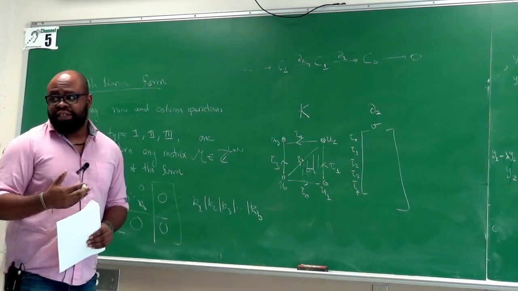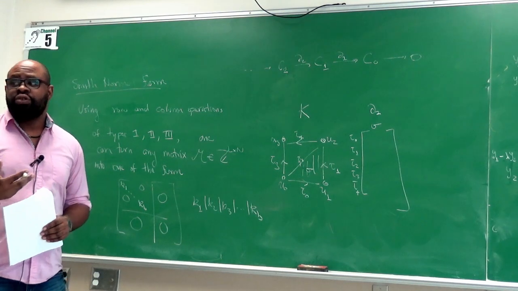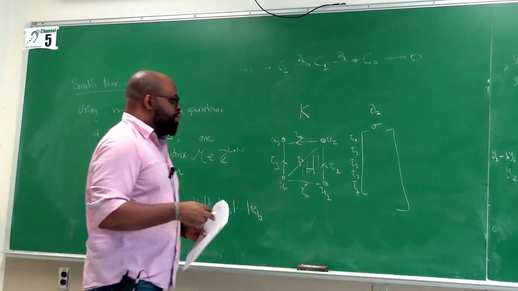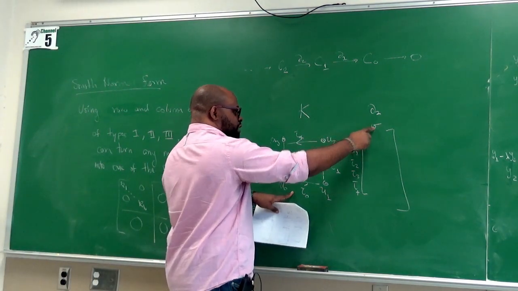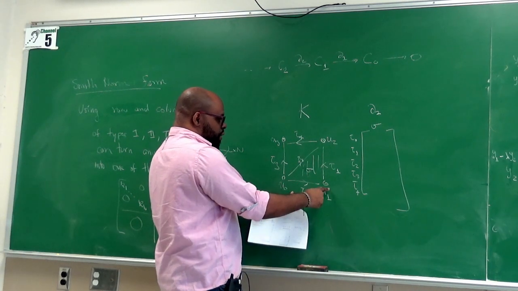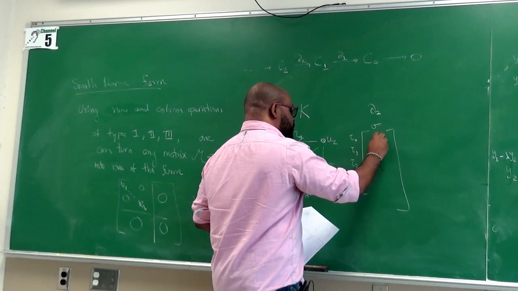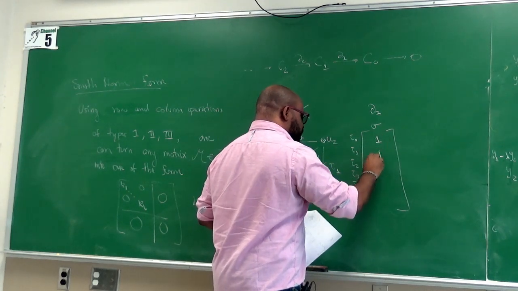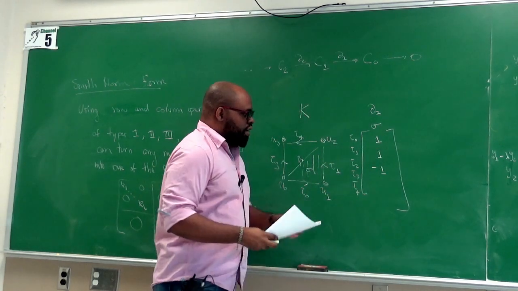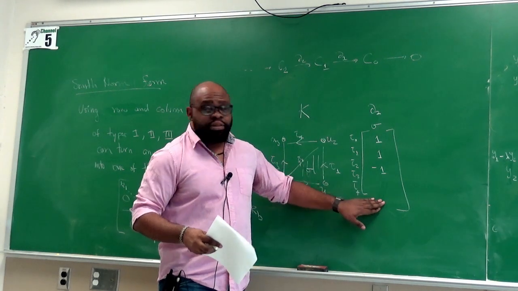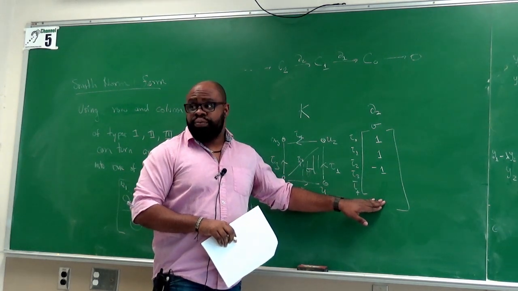Next I'm going to compute the boundary of sigma. Its boundary is tau 0 plus tau 1 minus tau 2. And I'm going to leave the rest empty to signify that they are all 0.